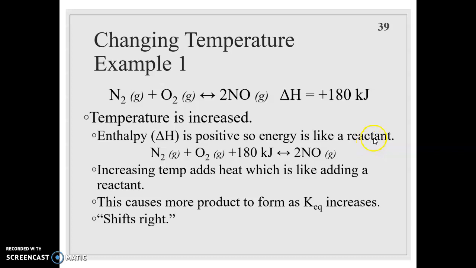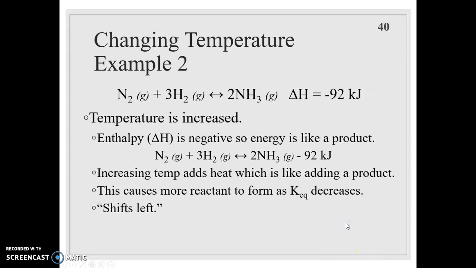So the energy is like a reactant. So you could write this reaction to show the energy as a reactant. So increasing the temperature is going to add heat, which is like adding a reactant. That's going to cause the reaction to shift right as more product forms and KEQ increases.